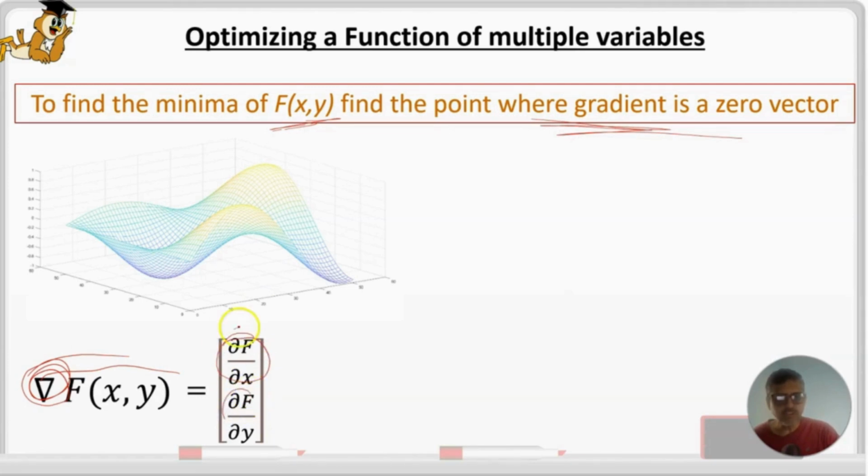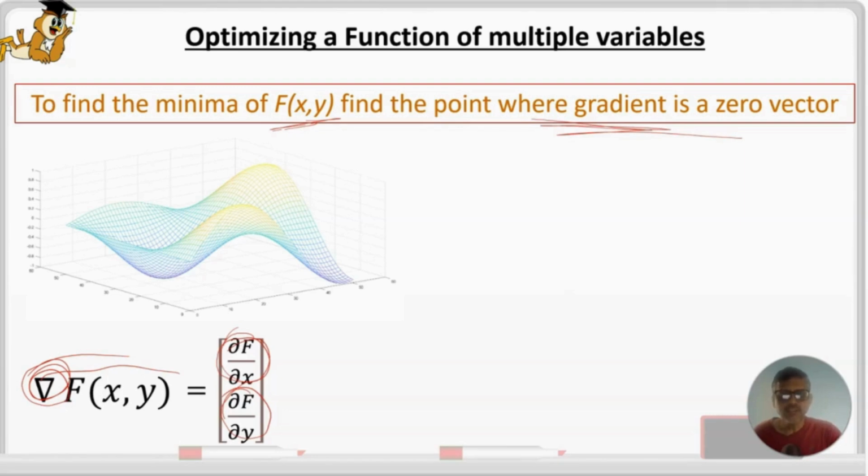If you had multiple variables, you would have a longer and longer vector, right? So the gradient of a function is a vector whose elements are the partial derivatives of that function with respect to each of the independent variables.